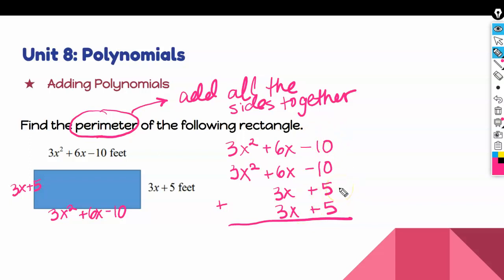So if you want to use a calculator for this part, you can. Negative 10 minus 10 plus 5 plus 5. That's going to leave me with negative 10.